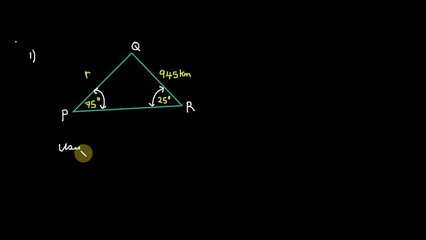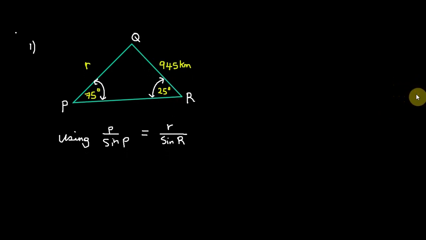Using P over sine P, we do not need Q. So we're finding R. R over sine uppercase R. And this is what we're using.